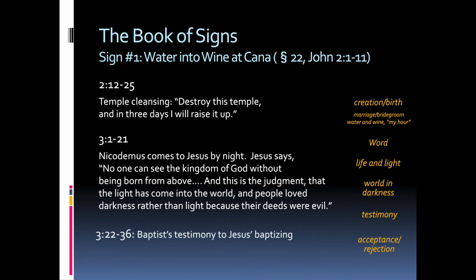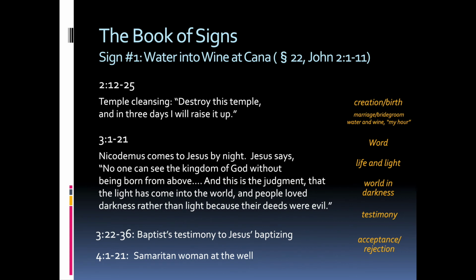After that, we hear John the Baptist's testimony about Jesus and his baptizing activity. And so we have more of the testimony motif to the true light in the world. And finally, in chapter 4, we have the story of the Samaritan woman at the well, where Jesus in his dialogue with her not only reveals her life to her, showing that he knows it, that he's at least a prophet, but gradually in every comment back to him, she recognizes something more deeply about who he truly is.